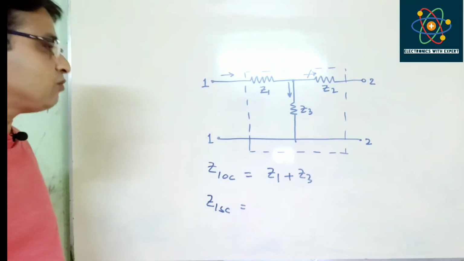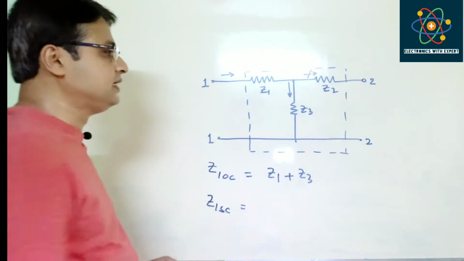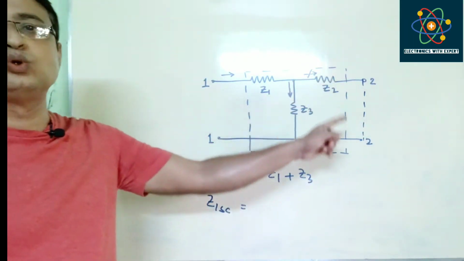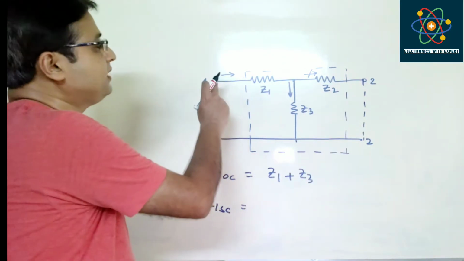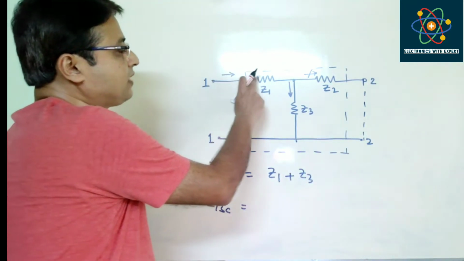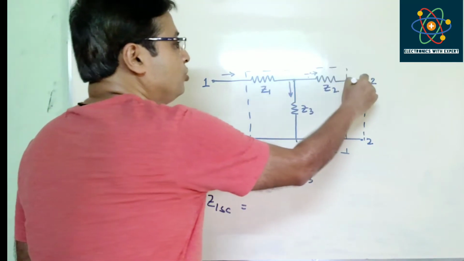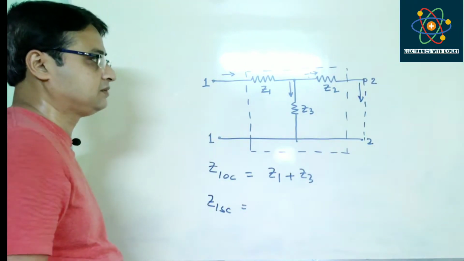While what is Z1 SC? Whenever we are going to find Z1 SC, we have to make a short across the 2, 2 terminals. While these 2, 2 terminals are shorted, whenever a current flows across Z1, it must flow across Z2 and then along these 2, 2 terminals.